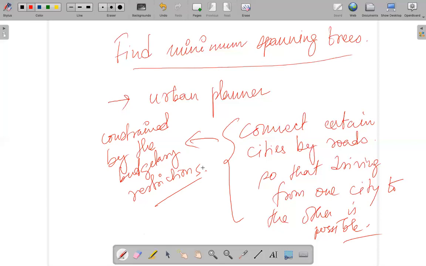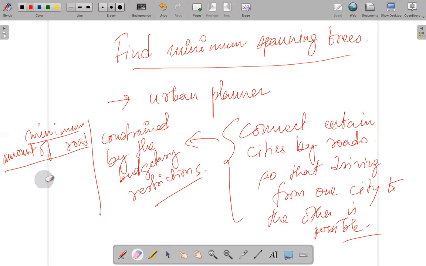Now, therefore, what the urban planner might want to do is to use the minimum amount of road. That is what he would want to build, the minimum amount of road in order to be within budget.